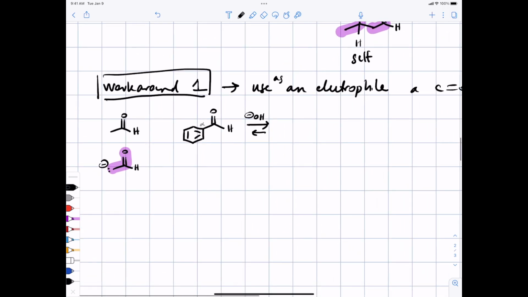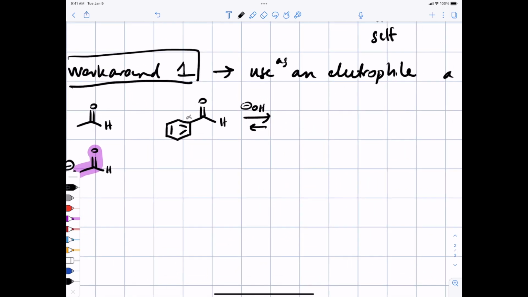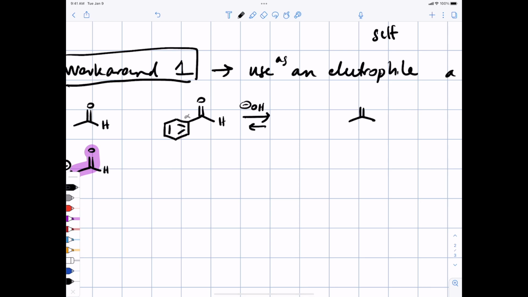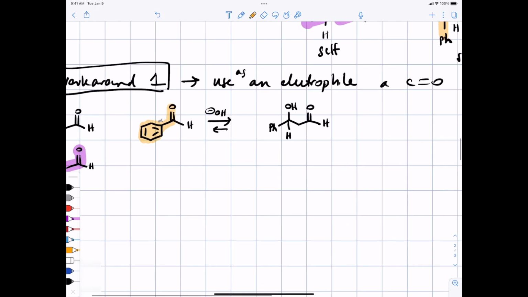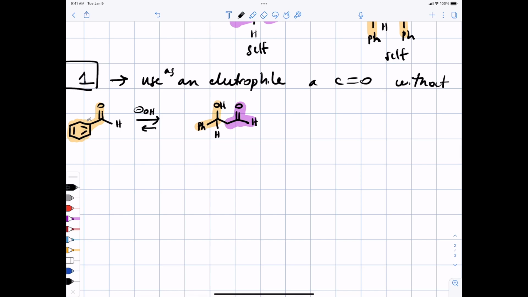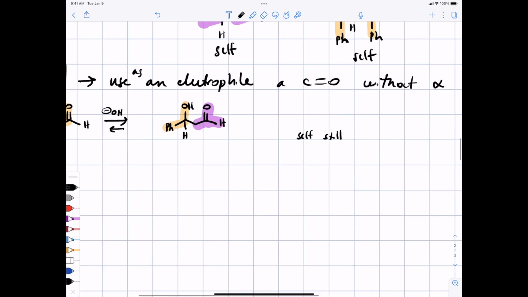Now, so that increases your chances of getting your desired product. Your desired crossed aldol product, though it does not get rid of the possibility for a self-aldol reaction.